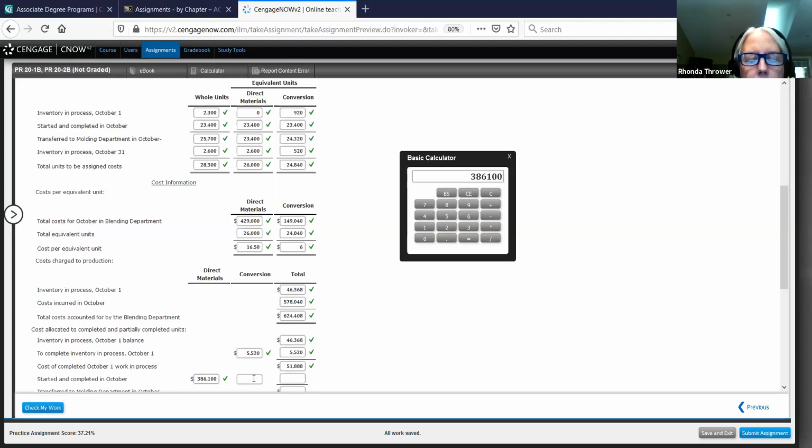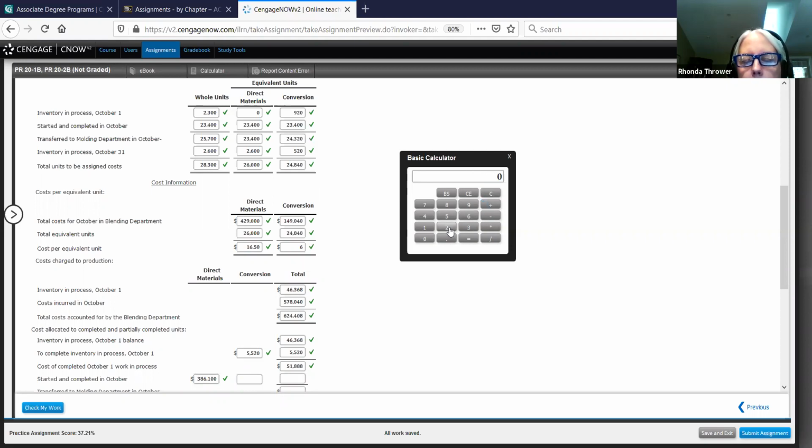I then have to find my conversion cost for my started and completed units. I'm going to take my started and completed conversion units, which is 23,400 again, and multiply that by my conversion cost per unit, which is $6.